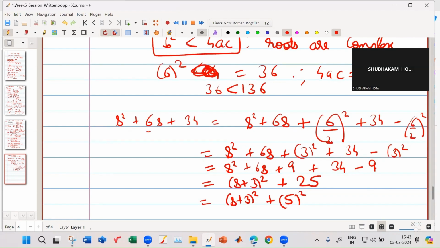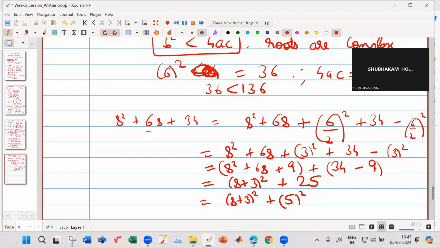If you add something, you have to subtract the same value. So we are adding (6 upon 2) square, and then also subtracting (6 by 2) square. Then 6 by 2 is 3, so 3 square, and minus 3 square. This is s square plus 6s plus 9, this is 34 minus 9. Then we combine them.